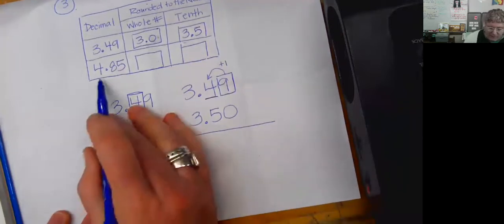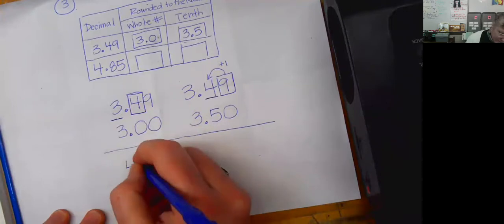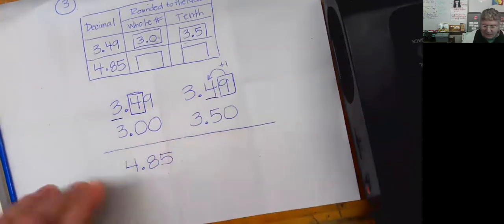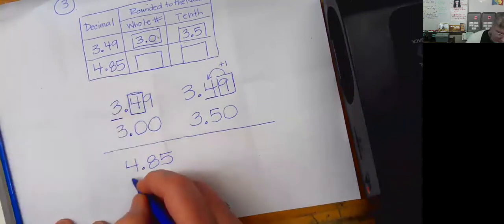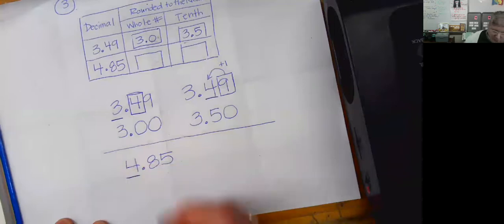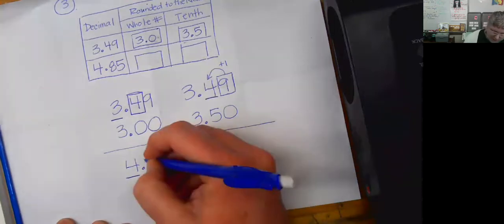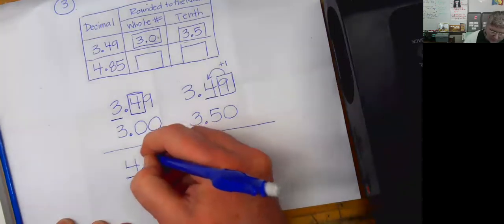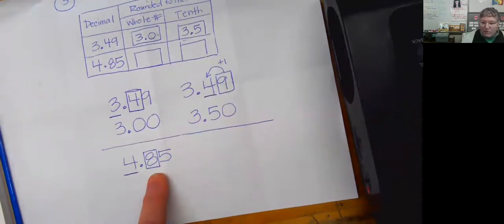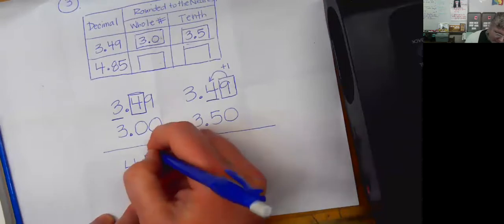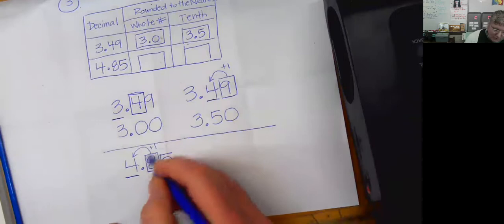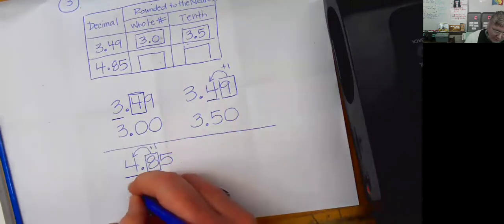Now we're going to do 4 and 85/100. So again, we're finding the nearest whole number. The whole number is the 4. Our box goes around the neighbor. If the number in the box is 5 or higher, we add 1. So 4 plus 1 is 5.